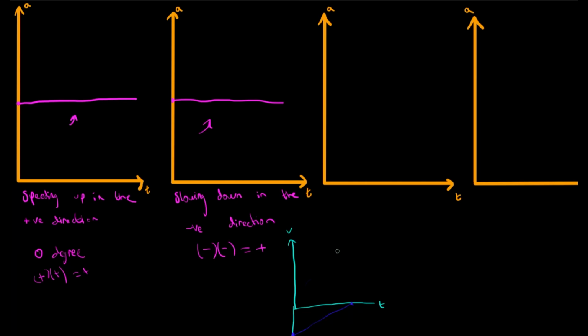It's slowing down, so the arrows would look like this, shorter and shorter and shorter till it reaches 0, and then it would start going positive again and start accelerating, or becoming more positive over time.